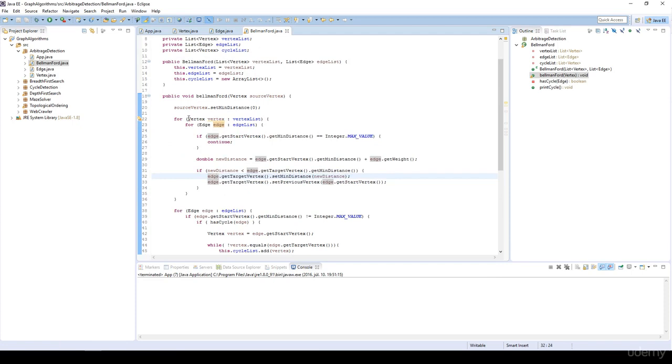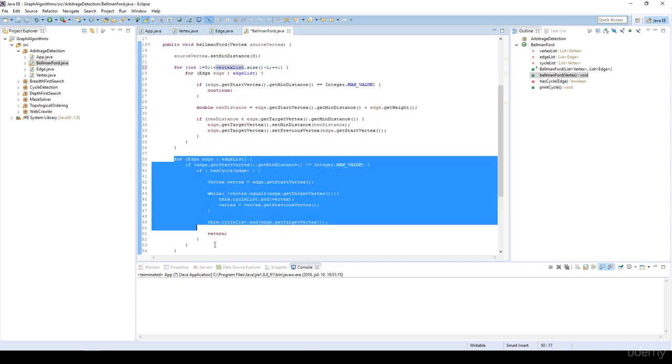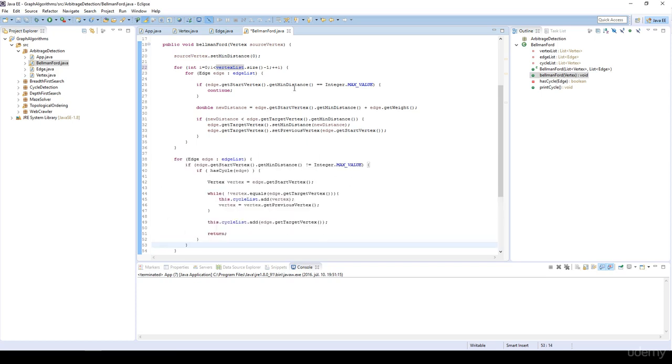By the way, we don't have to iterate as many times. A bit better solution would be to have the integer i equal to 0, and i less than the vertex list size minus 1, because this is what we have been discussing in the theoretical section, that we make V minus 1 iterations, where V denotes the number of vertices, because the V-th iteration is there in order to check whether there's a cycle or not.